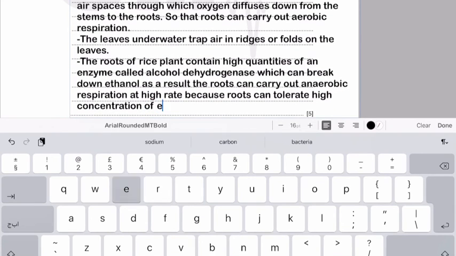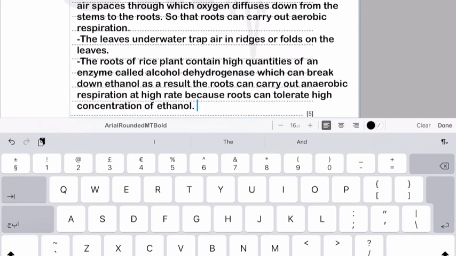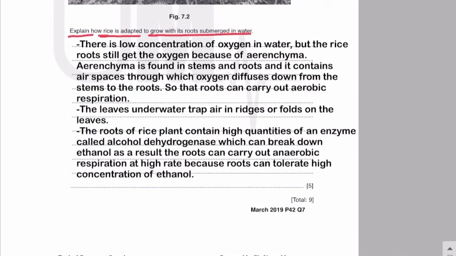We discussed in our lectures that when the roots of rice plants carry out anaerobic respiration, they produce ethanol, but the roots contain alcohol dehydrogenase in high quantities, which breaks down the ethanol.